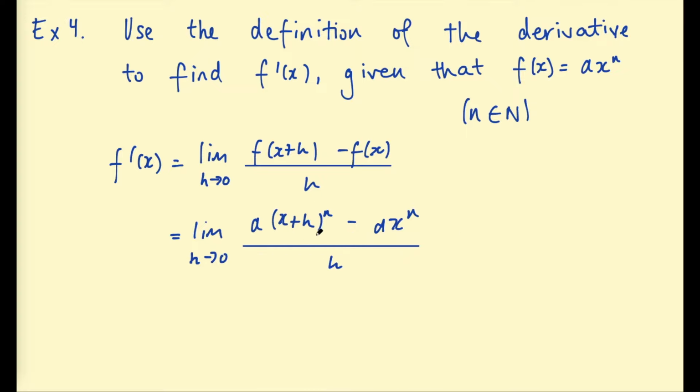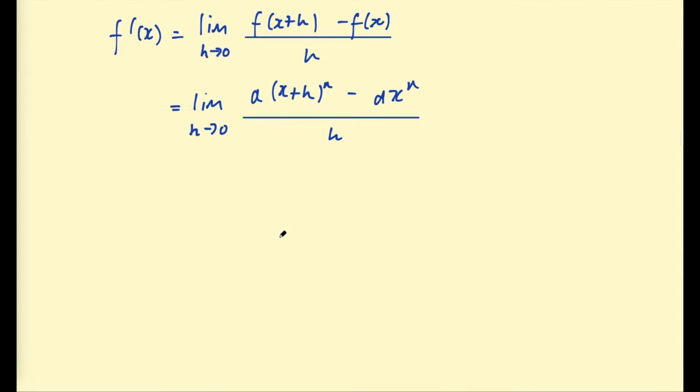And now we really need to understand the binomial theorem to understand what to do with this (x plus h) to the n. So think back how we expand those brackets with a natural number exponent. We learnt about that when we looked at the binomial theorem. So the first term, the coefficient is n choose 0, x to the n.